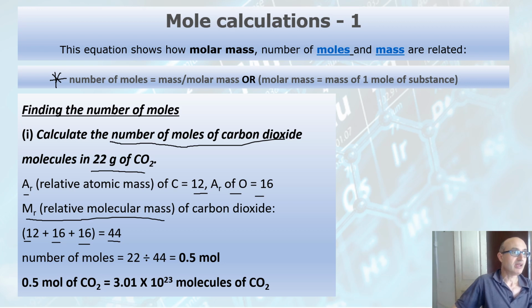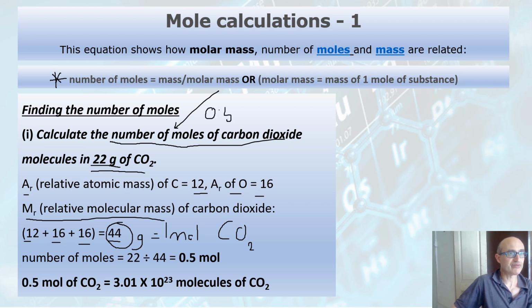But we said, if we had to express the relative formula mass in terms of grams, okay, what do I get? 44 grams is the mass of 1 mole of CO2. So if I know that 1 mole of CO2 weighs 44 grams, well, by direct proportion, isn't it? If I have 22 grams of CO2, I must have half a mole or 0.5 of a mole of CO2.